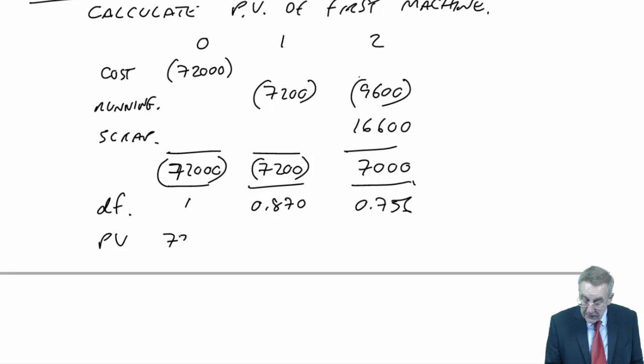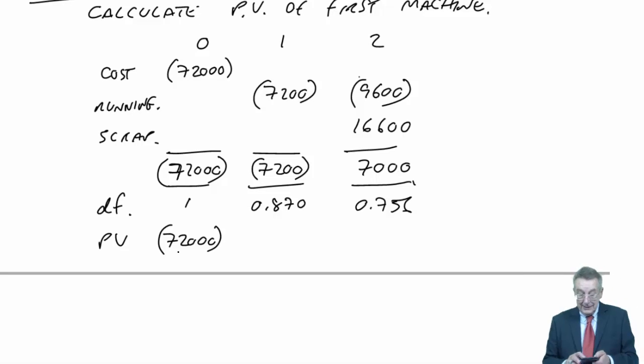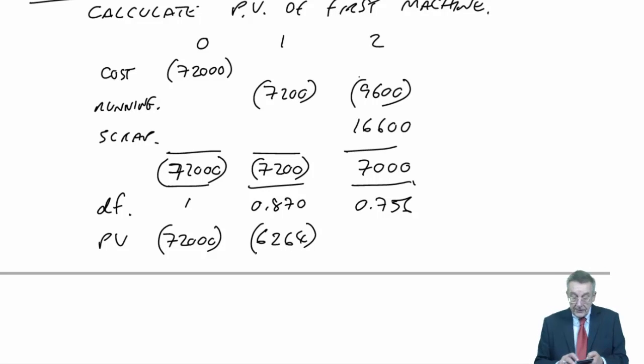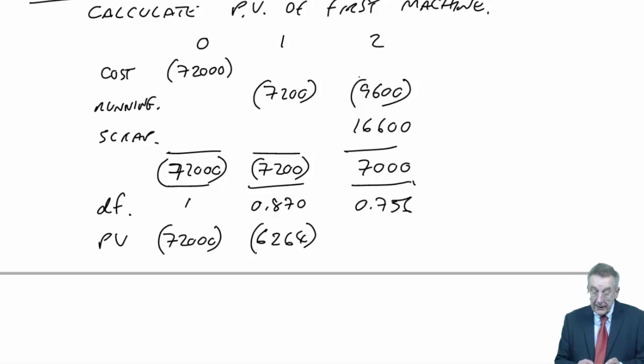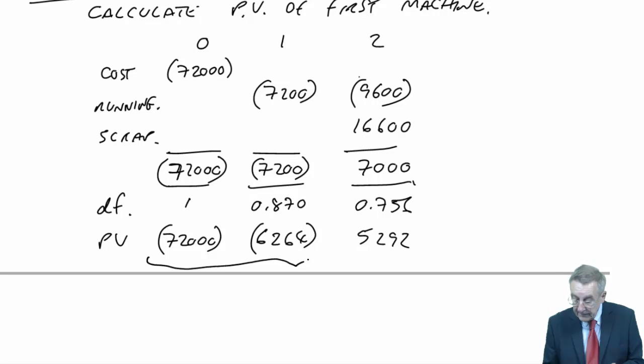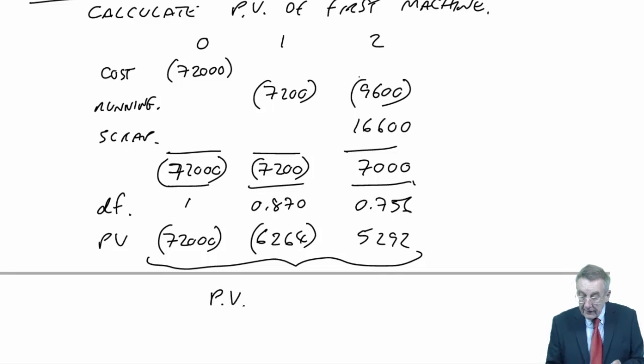The present values. 7,200 times 0.87, 6,264. And then an inflow of 7,000 times 0.756, 5,292.